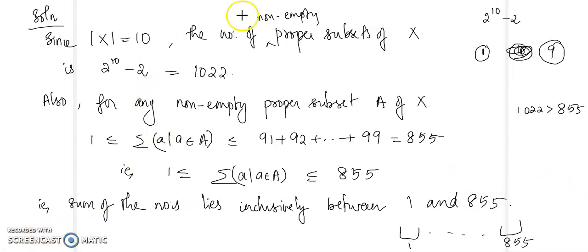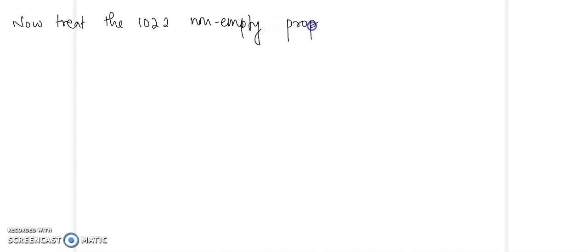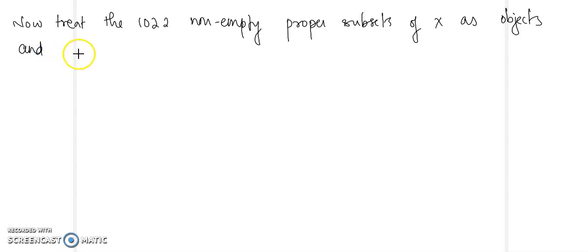Okay. So let us write that using the pigeonhole principle. Treat the 1022 non-empty proper subsets of X as objects and create 855 boxes for the sums.